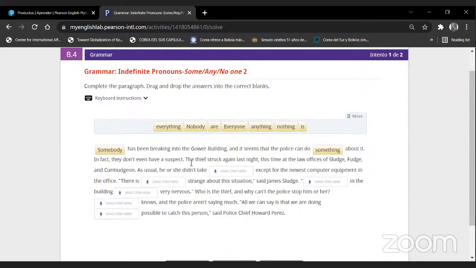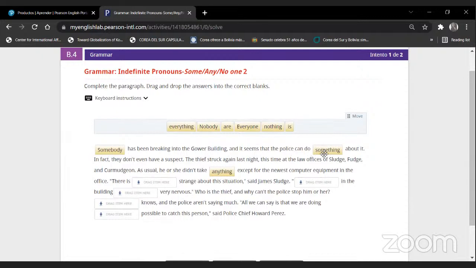In fact, they don't even have to explain the alternatives. As you saw, he or she didn't take anything except for the newest computer equipment in the office. There is something strange about this situation.